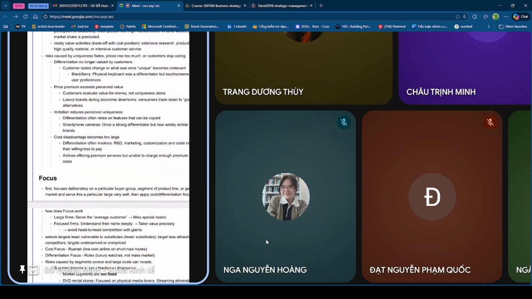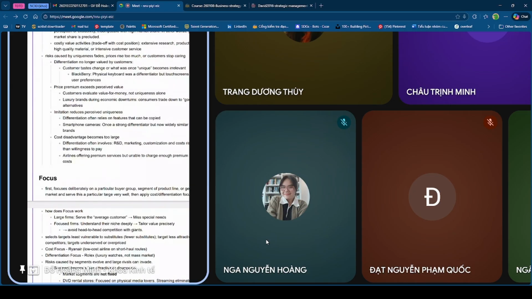If the gap is big enough, the customer will refuse to buy your product. They buy the product with the lowest price.